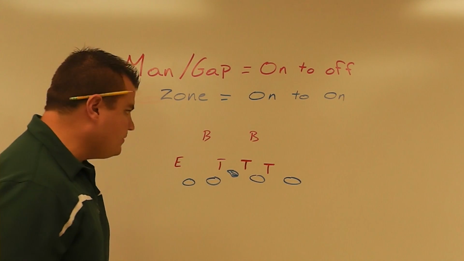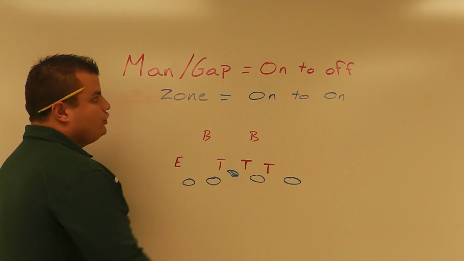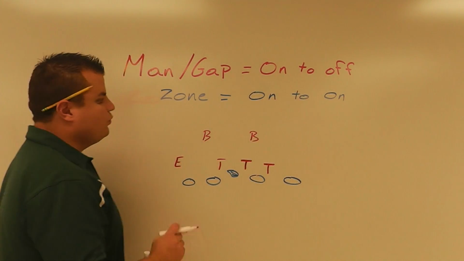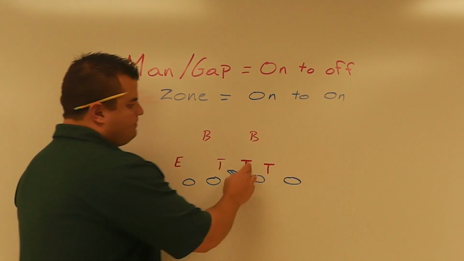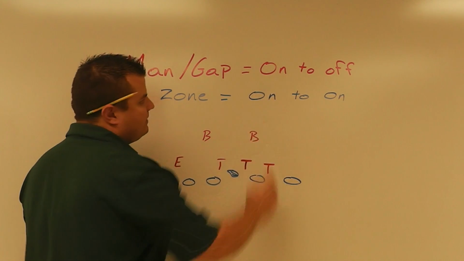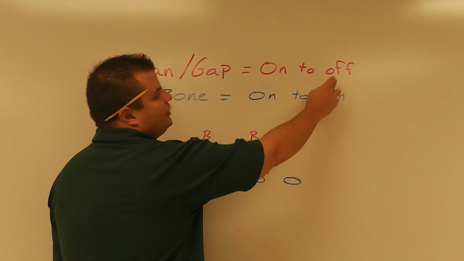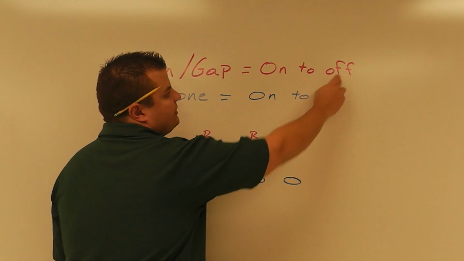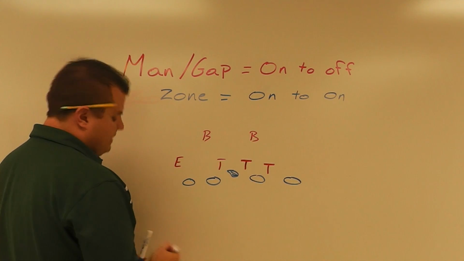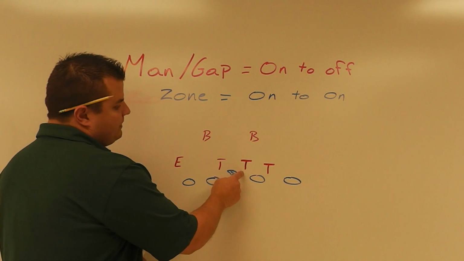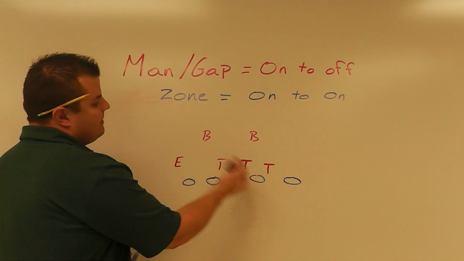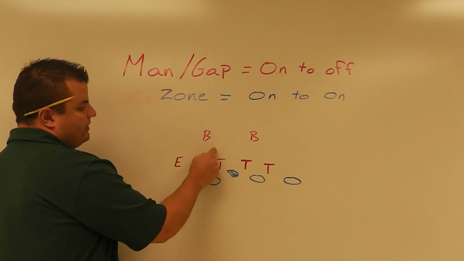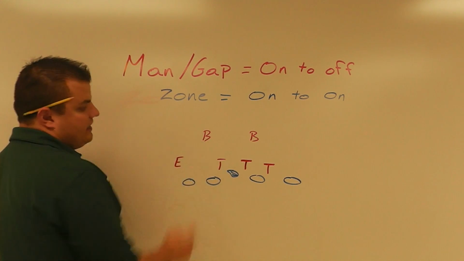So if it's a power play, your rule is on to off. So we tell him, you're going to block the on-down lineman in the direction that you were supposed to be going to get the offside backer. He knows his path should be an on-down lineman in that direction to go then to get the offside.